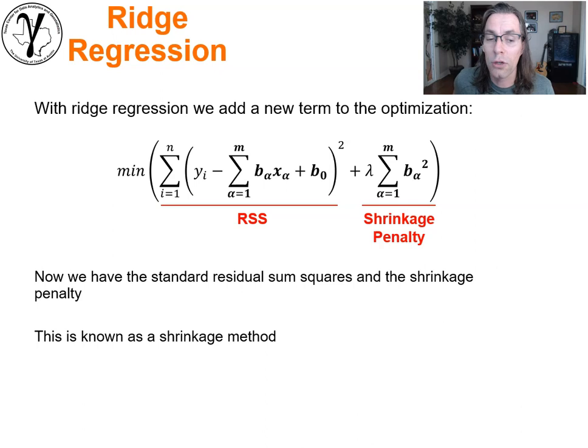In other words, we want to encourage the model, our machine, to have parameter magnitudes that are closer to 0, that are smaller. And so we'll have a lambda hyperparameter that's going to determine how important that is relative to the problem of minimizing the residual sum of squares of the error. So this is known as the shrinkage method.